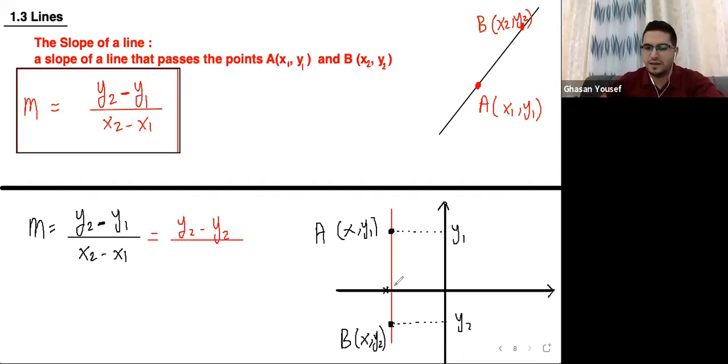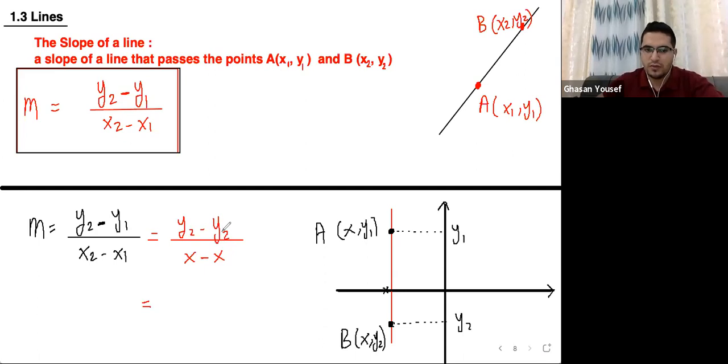Because we have the same x value, what is x2? x2 is x, right? Minus x, because we have the same value. So y2 minus y1 over x minus x.